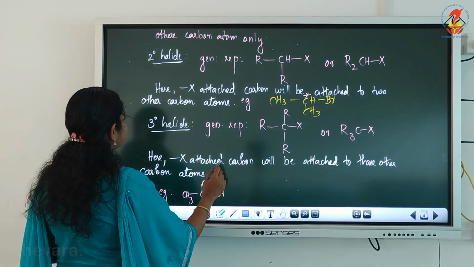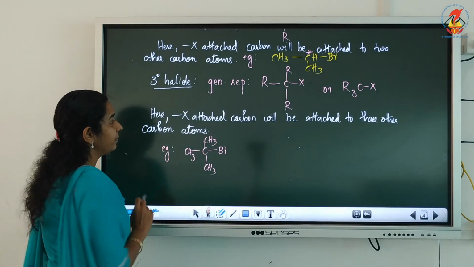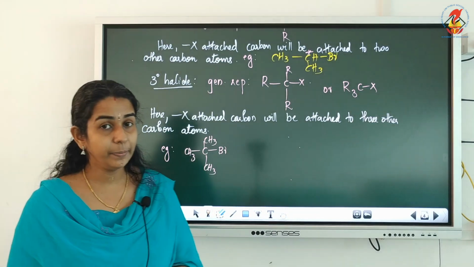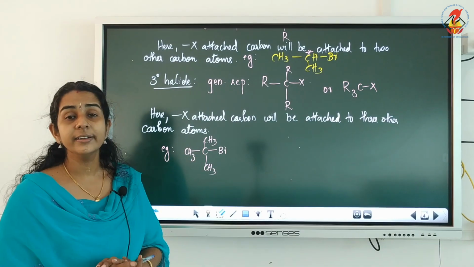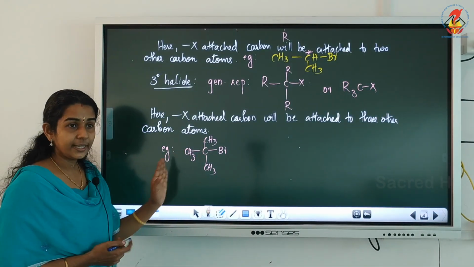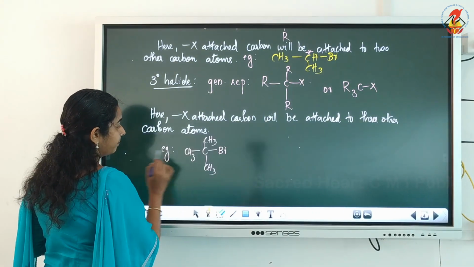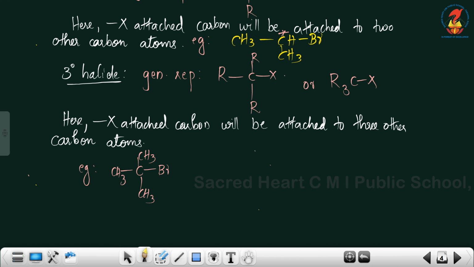Now, tertiary halide means the X attached carbon atom will be attached to 3 other carbon atoms. Look at this example. Here the X is bromine and the bromine attached carbon is attached to 3 other carbon atoms, so it is a tertiary halide.